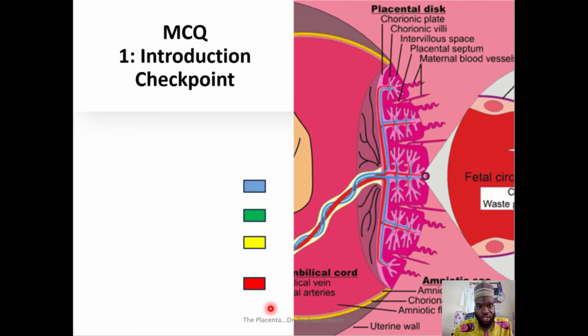So at this point, let's see how much we have been coming along through these live MCQs. And usually I make use of flashcards of four colors. I want to believe you have your flashcards with you as well. So I'll project the question now, and you will be answering like we typically do in class.